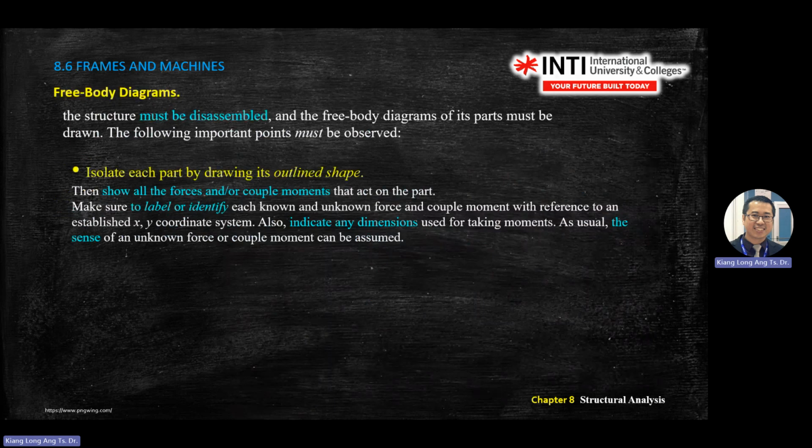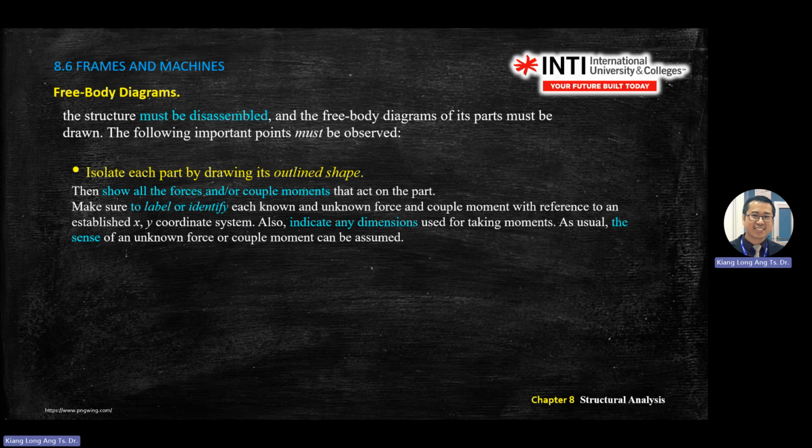Okay. So in the free body diagram for frame and machine, the first step is always we disassemble, which means we break the component before we solve for the frame and machine. So isolate each part by drawing outline shape and so on.